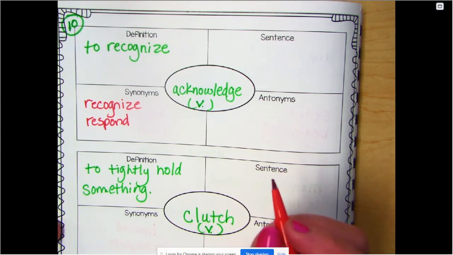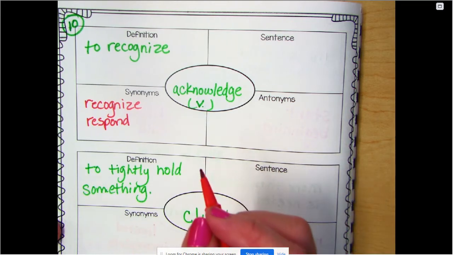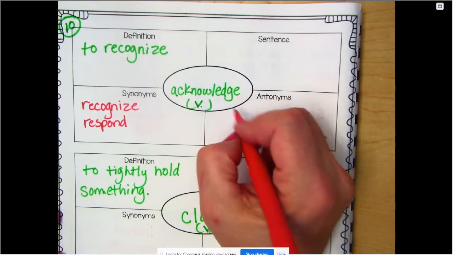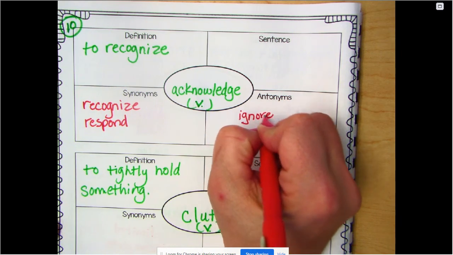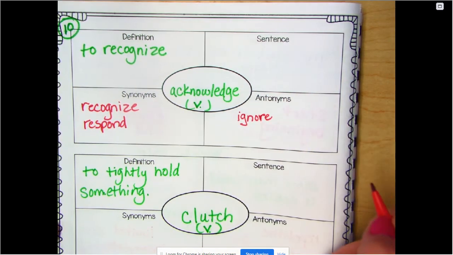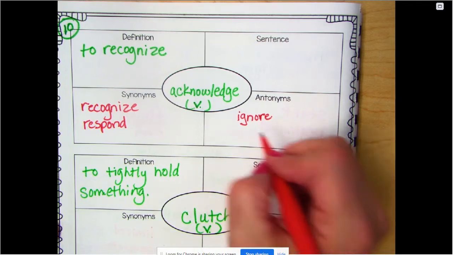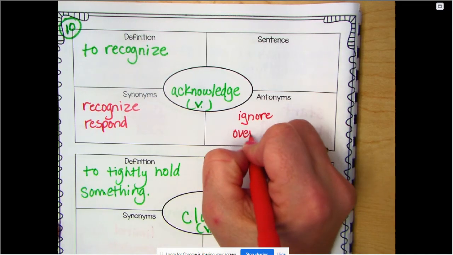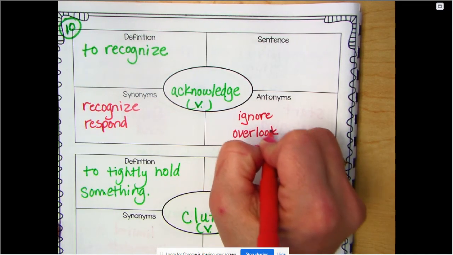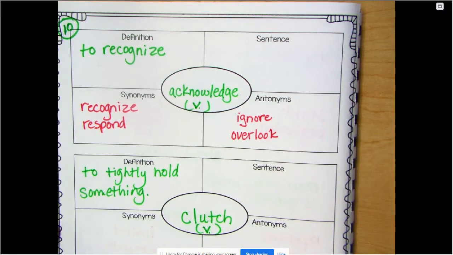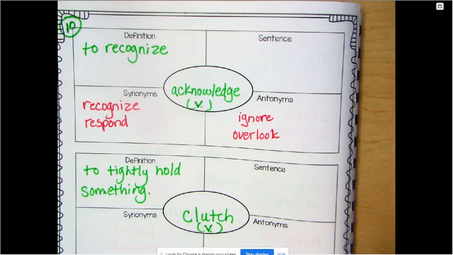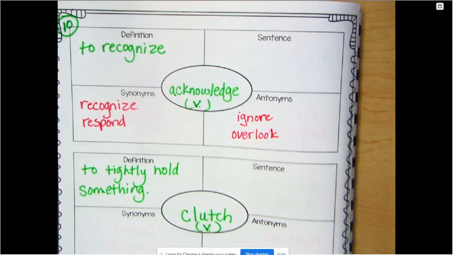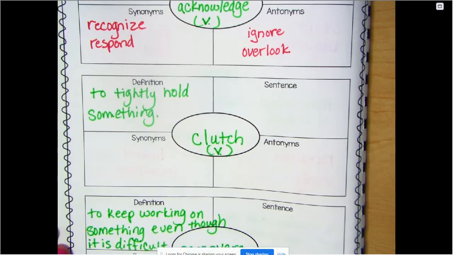What would be an opposite of acknowledge, recognize, respond? Well, I can think of one. Ignore. That would be the absolute opposite of all of that. Ignore. You might even overlook, not even notice it. Overlook. Make sure you pause if you need to.